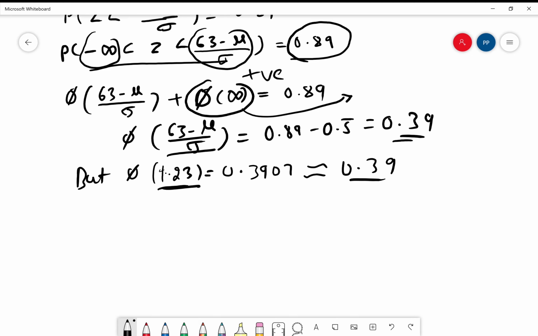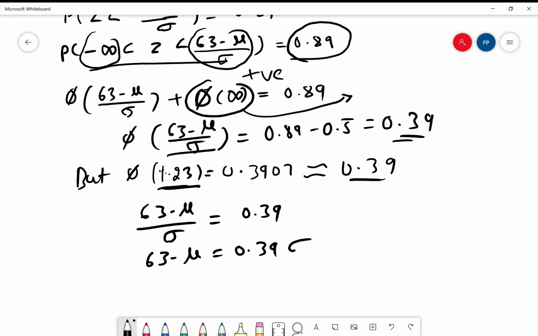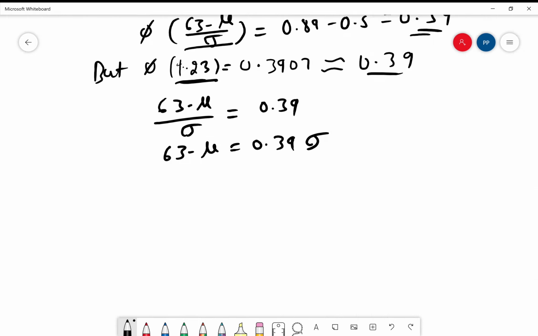Therefore, these two are equal. Therefore, (63 minus mu) by sigma equals 1.23. Cross multiply: 63 minus mu equals 1.23 sigma. That is, minus mu minus 1.23 sigma equals minus 63.